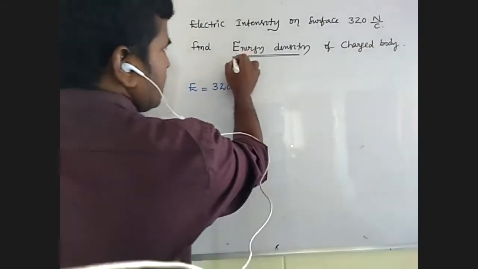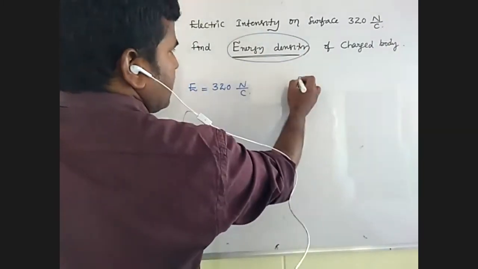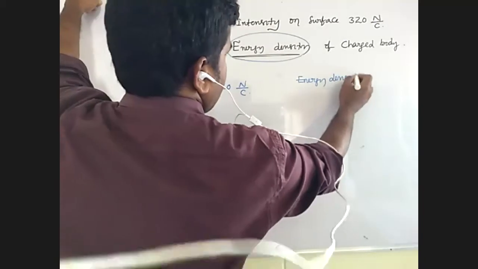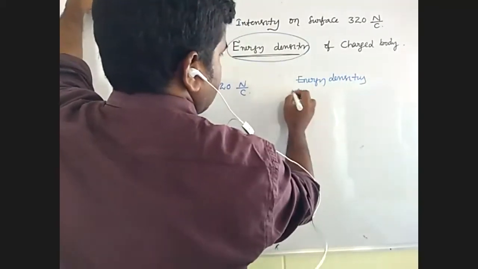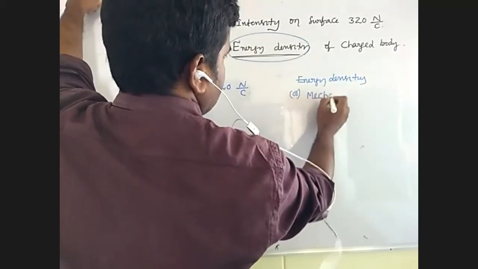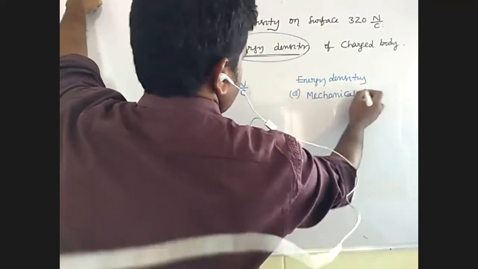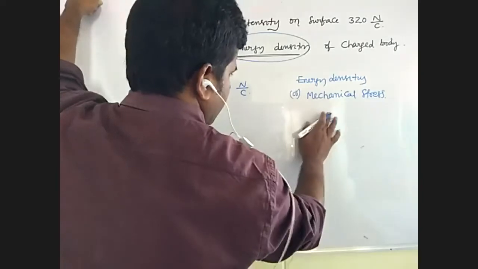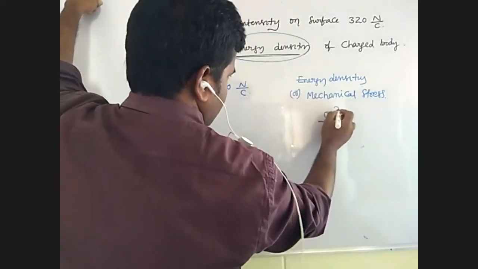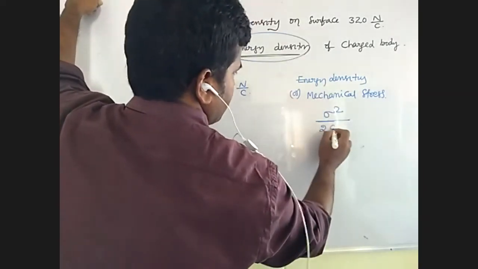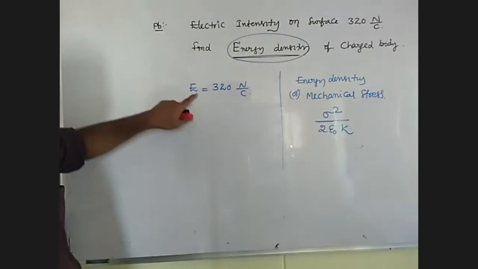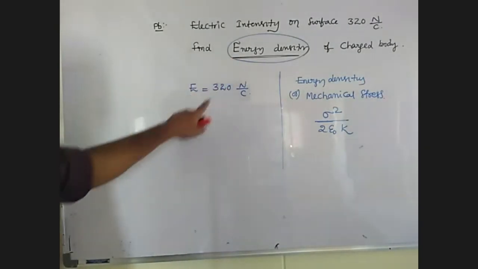But you know that energy density or mechanical stress is given by the formula sigma square upon 2 epsilon naught K. The intensity is given, and we want the energy density.